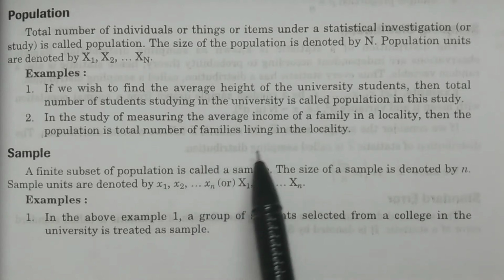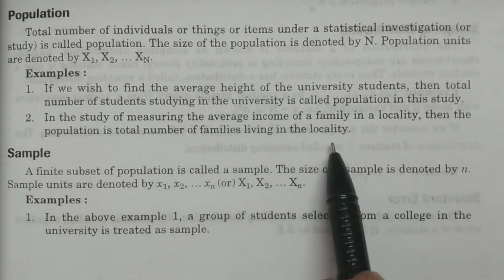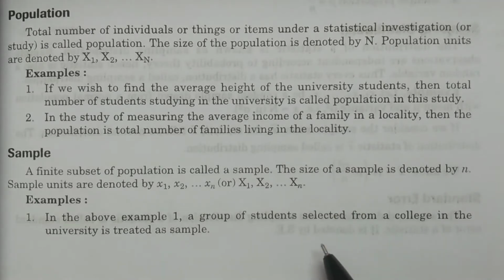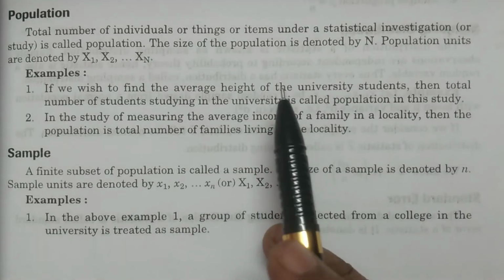If you want to calculate the income of a family, then every family is one population unit. Each and every family living in that locality is a population unit. This is the concept of population.